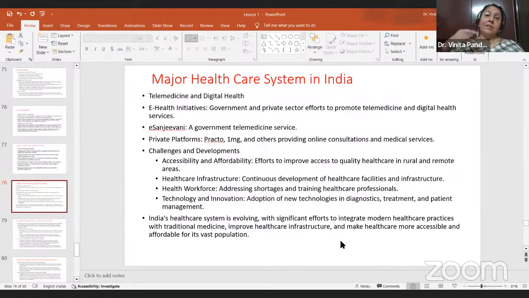And same with regard to the vaccination system also. Otherwise, imagine administering two doses for a population of 140 crore, tentatively, is so very difficult.